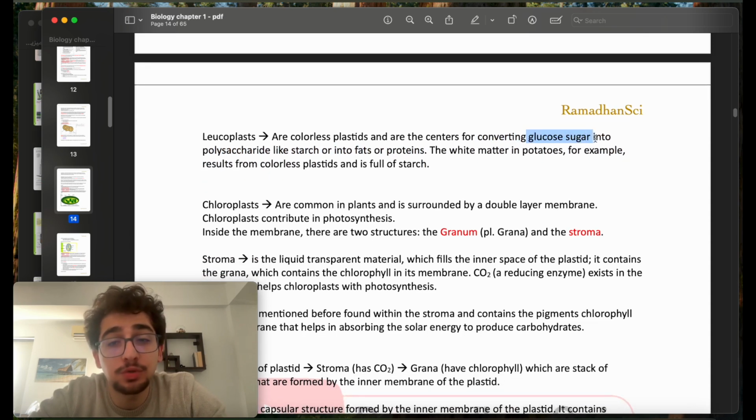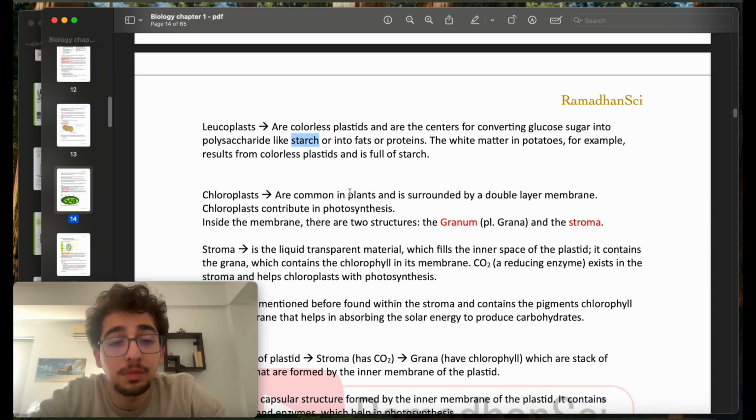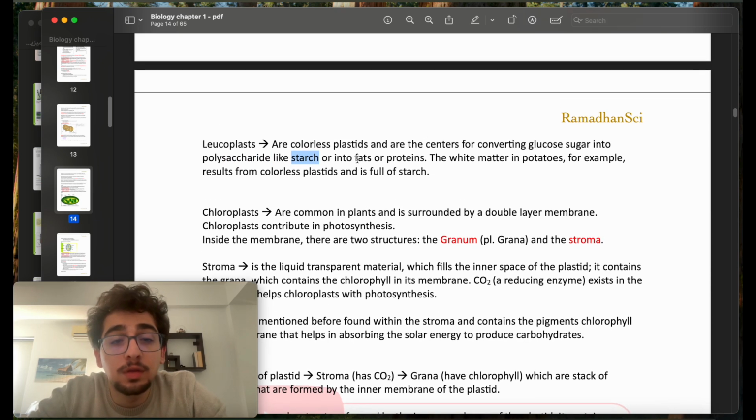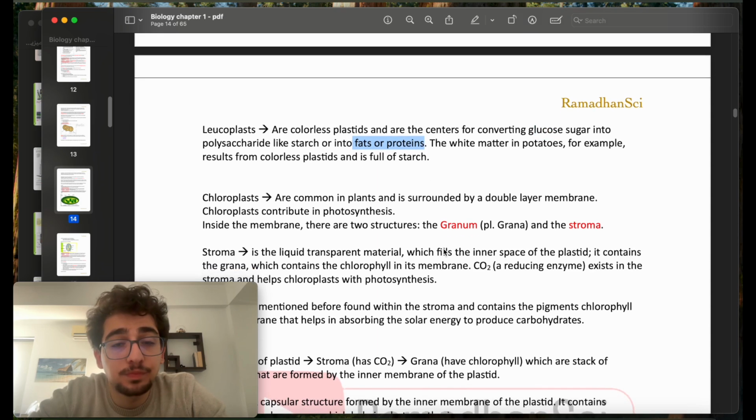Glucose is the simple sugar that we can get, and I convert it to polysaccharide, meaning a longer chain of sugar. Starch is a very long chain of sugar. Or I can convert the glucose into fats and proteins. This is the function of the leucoplast.